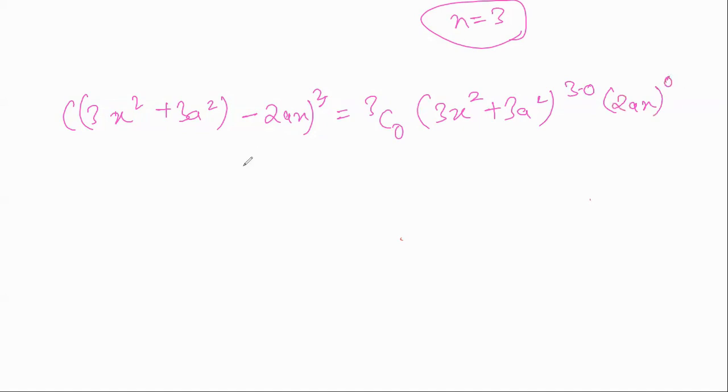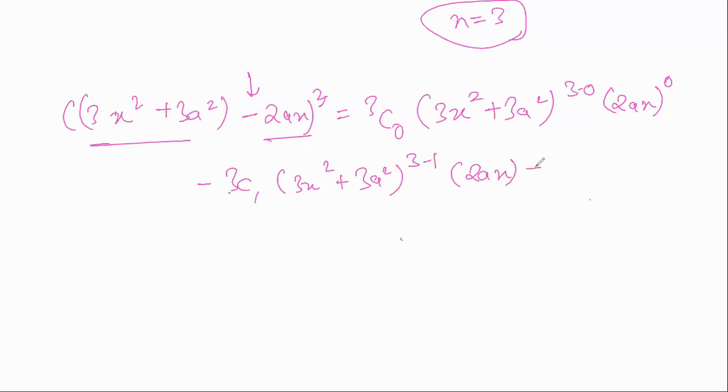Then the second term, because there is a negative sign between the two terms, every alternate term is negative. But if there is a positive sign, then every term is positive, right? Every second term is negative. So 3C1 (3x² + 3a²) raised to the power 3 minus 1 and 2ax raised to the power 1.